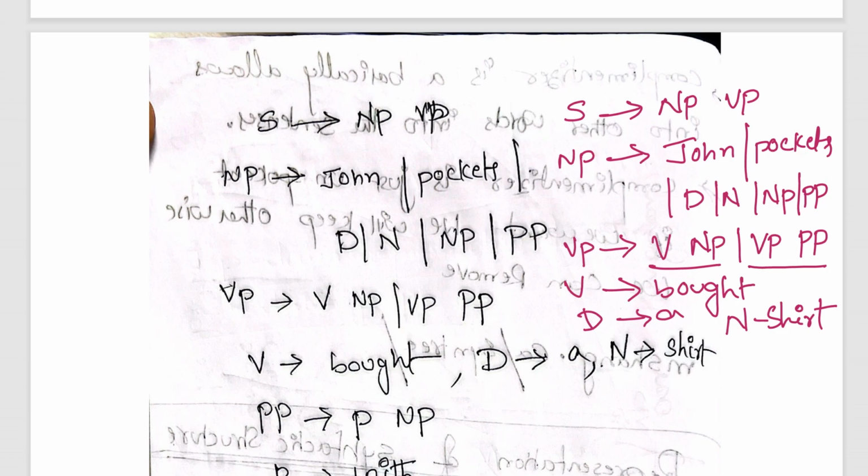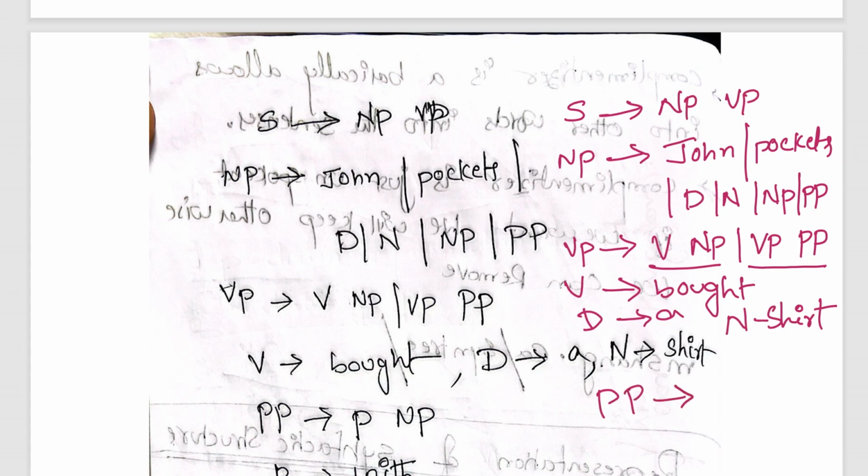From the sentence of noun phrase and verb phrase, the noun phrase grammar was completed, then the verb phrase grammar was completed. For the noun phrase we write the grammar for determinant, noun and preposition phrase, and for the verb phrase we write the grammar for verb and preposition phrase. Now the verb is bought, the determinant is a, and the noun is shirt. The only thing left in the grammar is the preposition phrase.